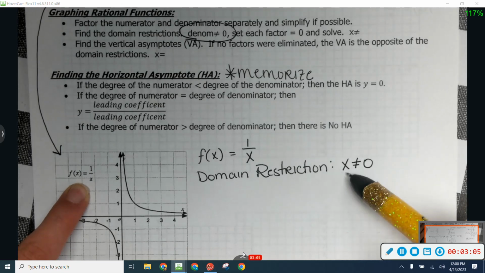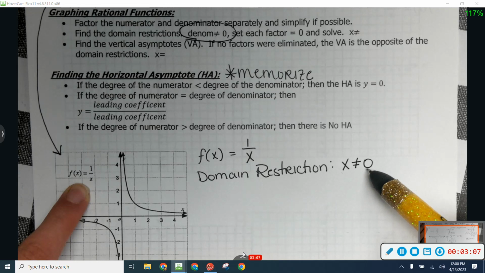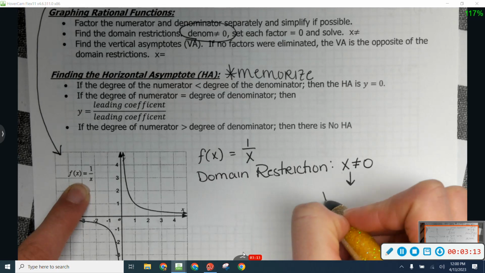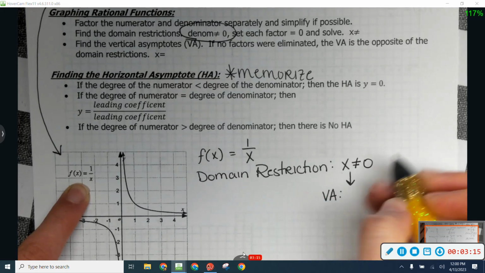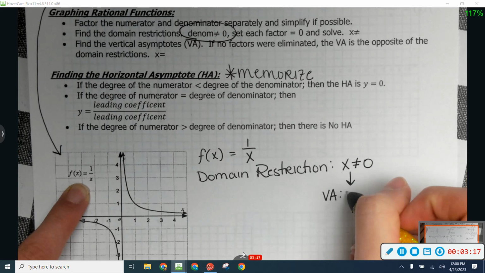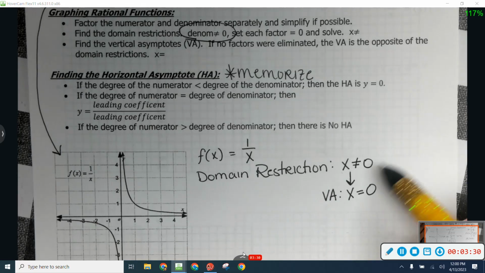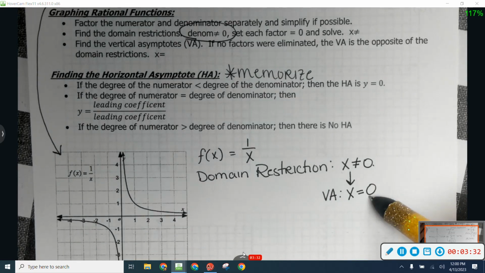Whatever that denominator is, you set that and say it cannot equal 0. Okay? That will lead me to my vertical asymptote. So all you're doing is saying my asymptote is x equals 0. So they're the same answer. Just your restriction has a not equal to, your vertical asymptote is equal to. Okay? So if you get this correct, you get this correct. If you get this wrong, you're getting this wrong.